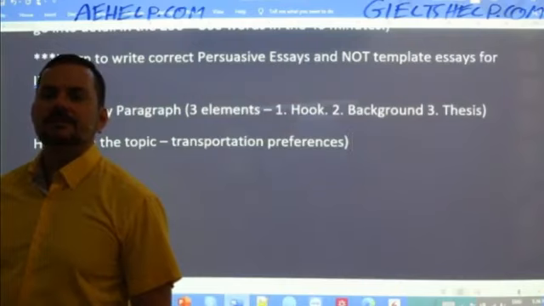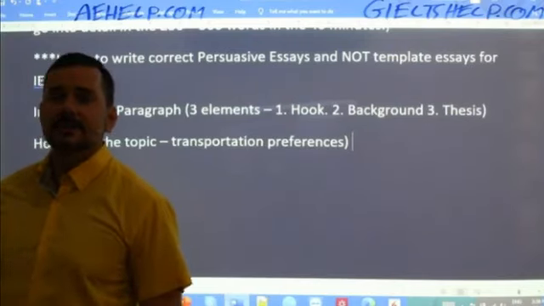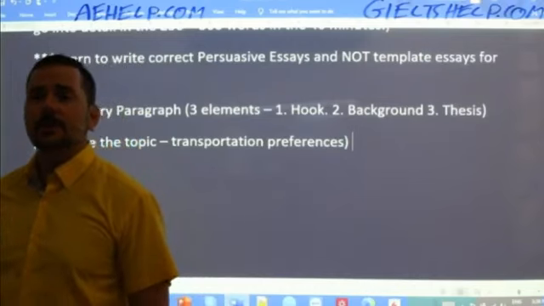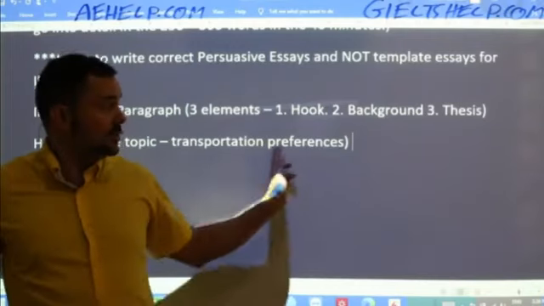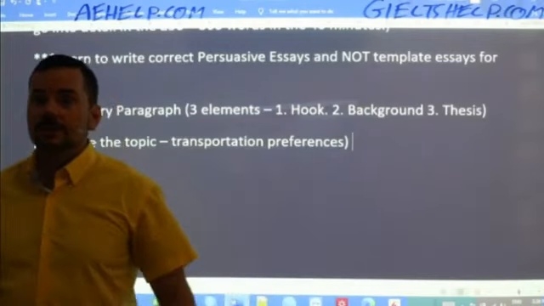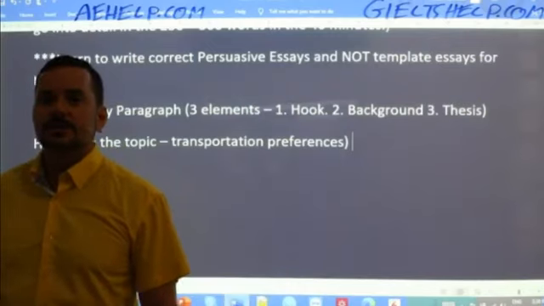Kavid Nagyev says the growing population of cities around the world pushes their residents to choose between public and private transportation. Kavid, yeah, that's okay. That'll work. It's a little bit on the complex side, but you're definitely on the right track. You have the transportation preferences alluded to in there indirectly, so it's good.